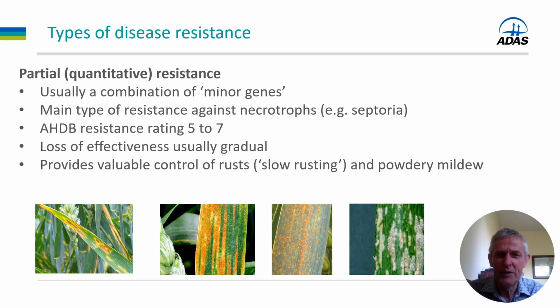So any loss of effectiveness of this resistance is usually gradual over a run of seasons. It tends not to happen suddenly. And this type of resistance can also provide valuable control against rusts and powdery mildew.